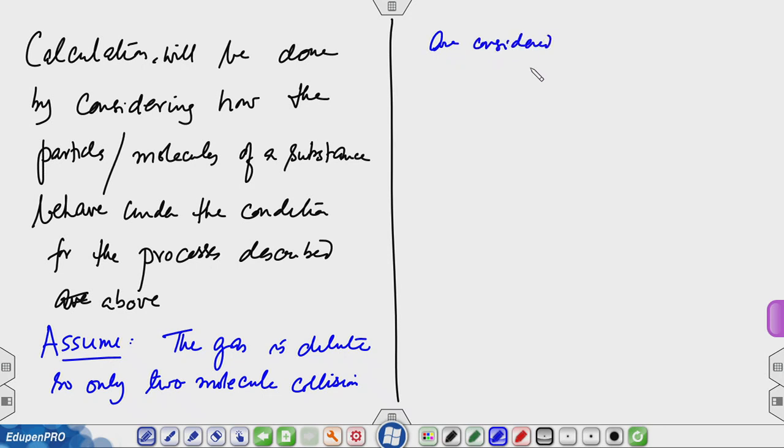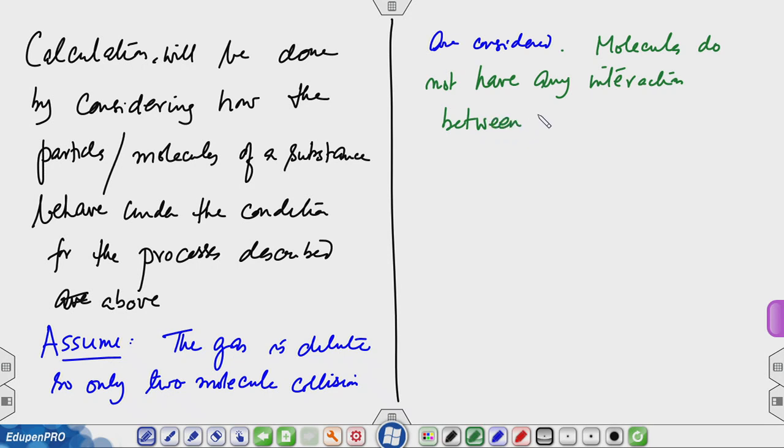And when I'm talking about collisions, what I'm assuming is that molecules do not have any interaction between them except when they collide.